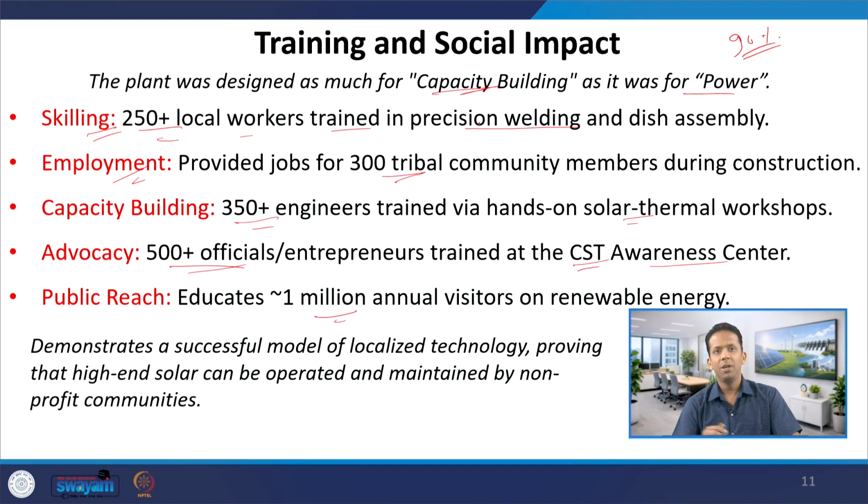The main reason is that it's a localized technology and it is run and operated by non-profit communities.